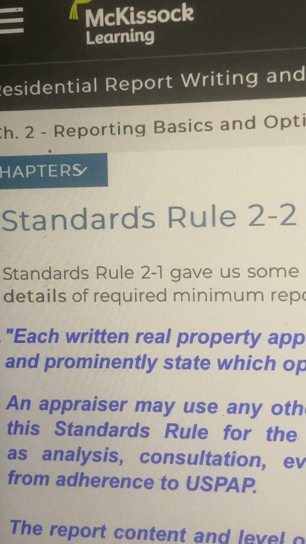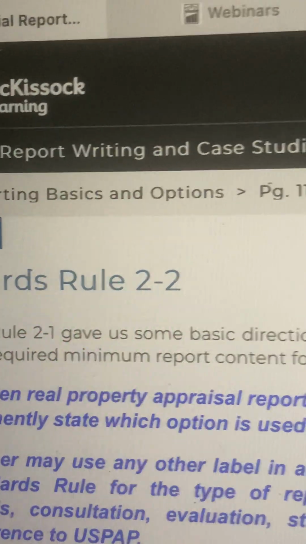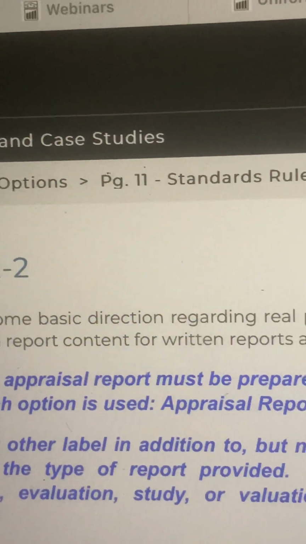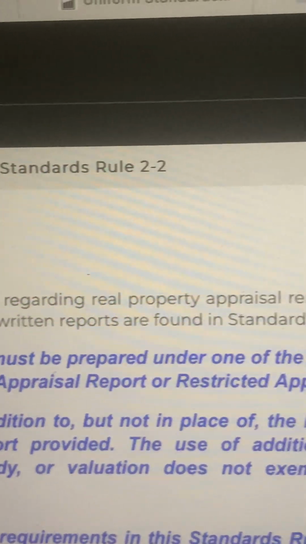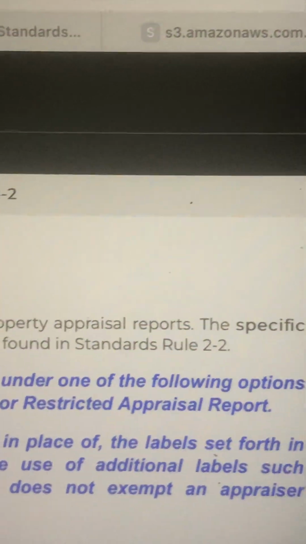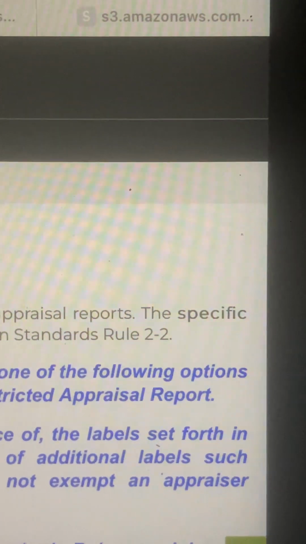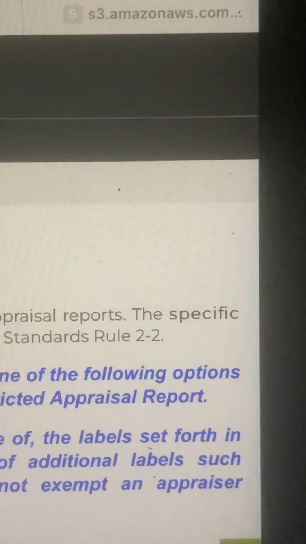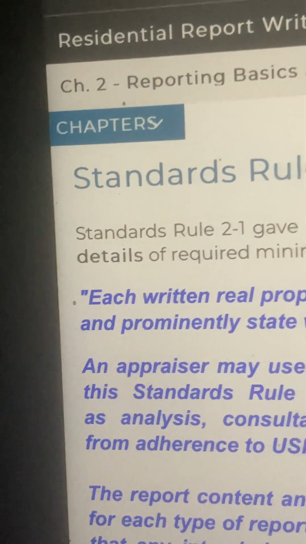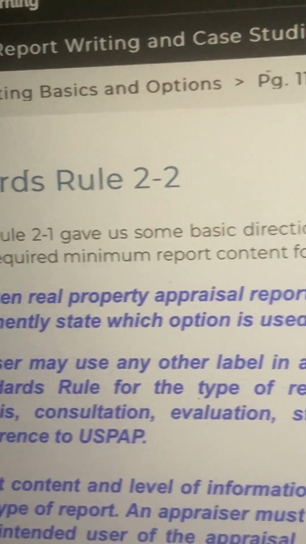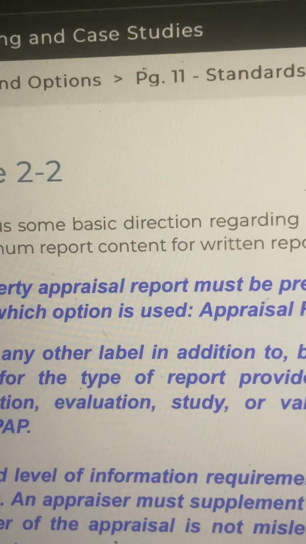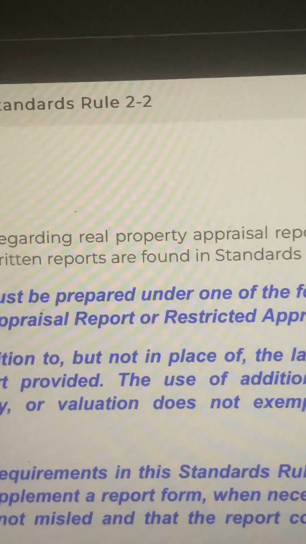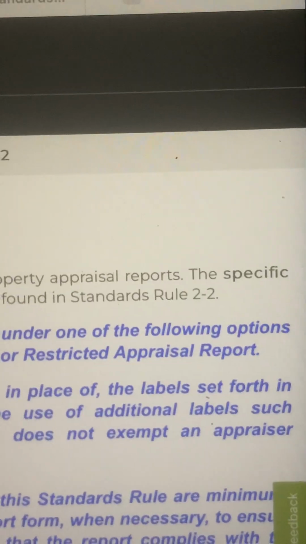Standards Rule 2-1 gave us some basic direction regarding real property appraisal reports. The specific details of required minimum report content for written reports are found in Standards Rule 2-2.